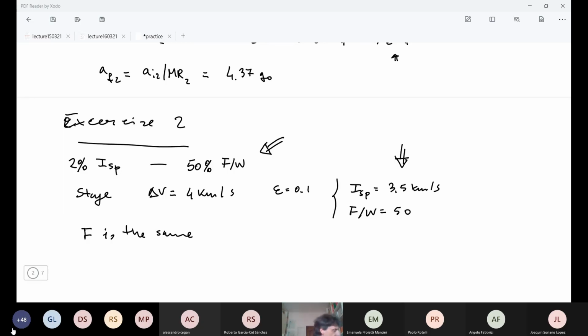Yes, I think that we have also to provide you with information about this thrust, and so we can say that we are considering an upper stage, and so we have here 0.5 M0G0.